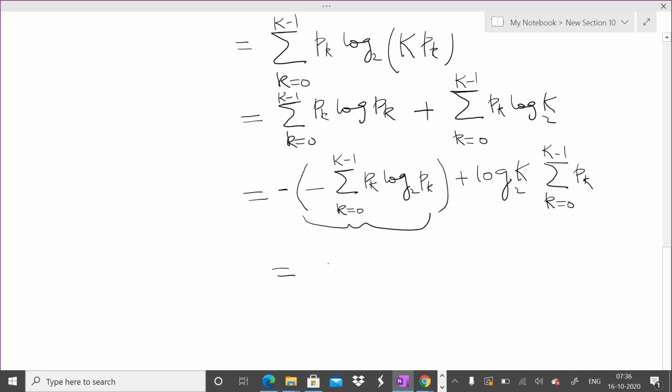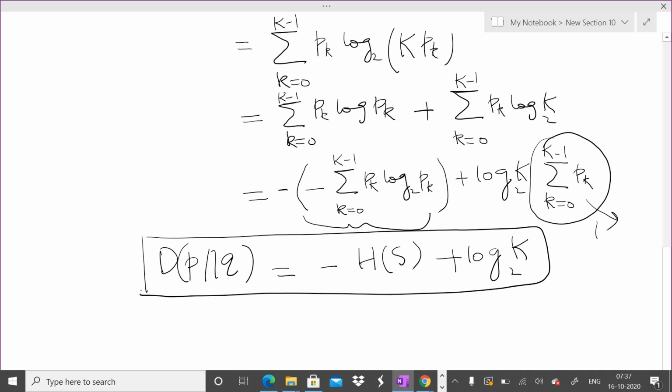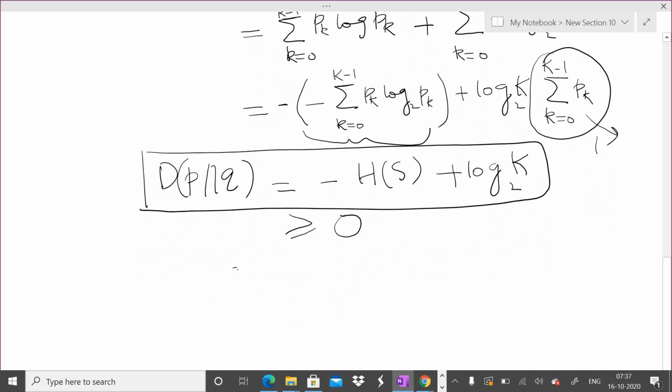This is minus H of S, the entropy of the source. And what is the summation of pk? Since pk is a valid probability mass function, its sum should be equal to 1. So the relative entropy between any distribution p and the uniform distribution qk equal to 1 by K is minus H of S plus log K. And we know that it should always be greater than or equal to 0. So minus H of S plus log K should be greater than or equal to 0, and we get the desired result.